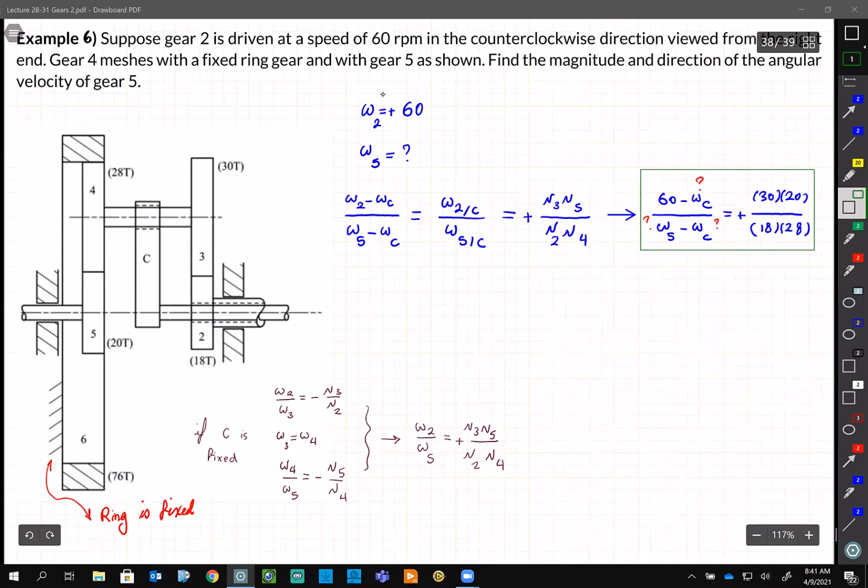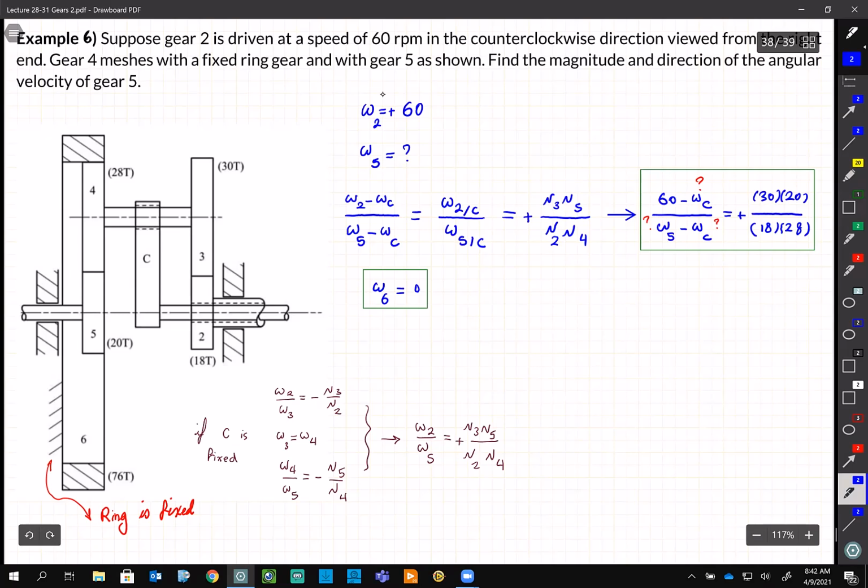What is omega 6? It's 0, right? It's fixed. That's our savior. It's going to save our life here, because we have another piece of information. 6 is being fixed. So we treat it as a gear, and we know its omega is 0. Now we can do anything that we want, right?